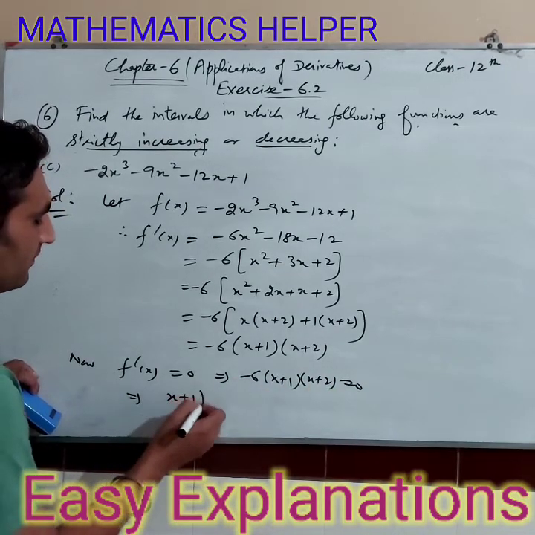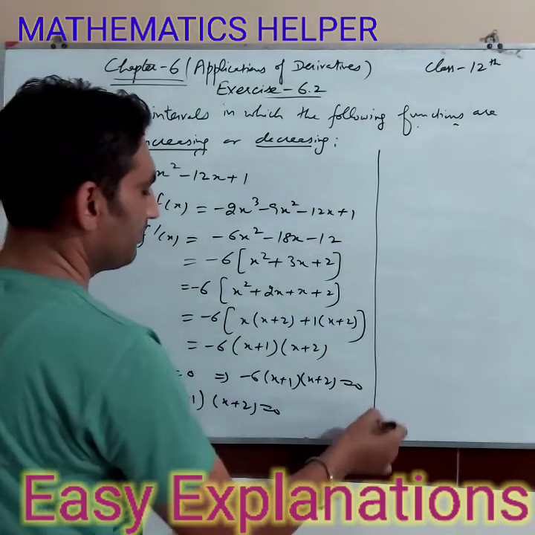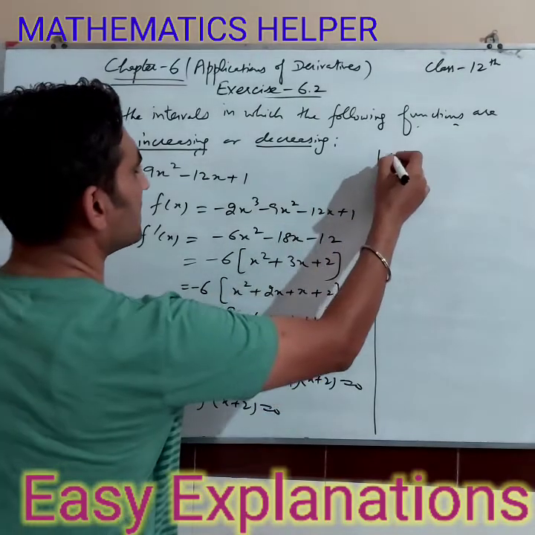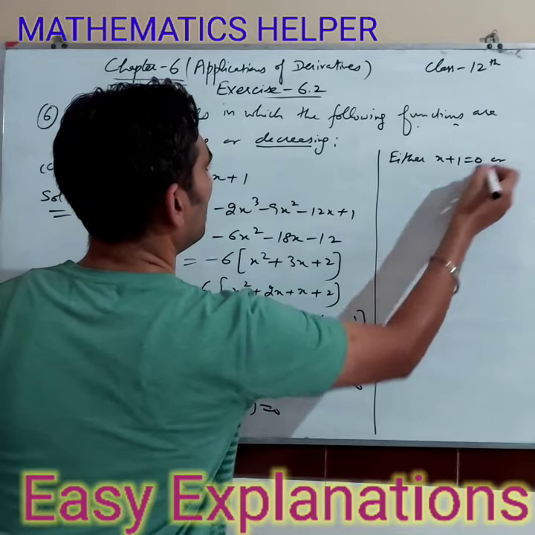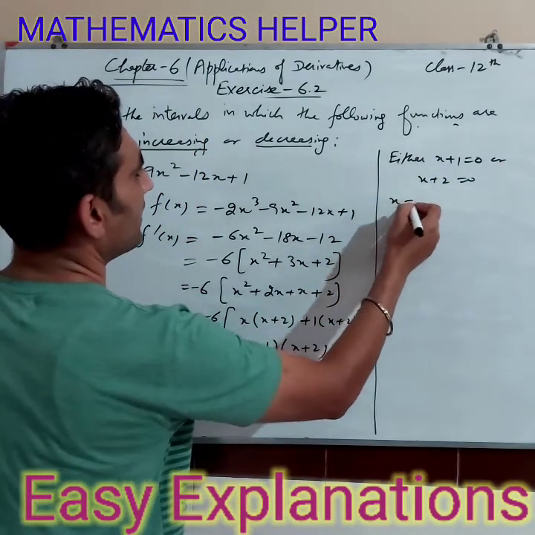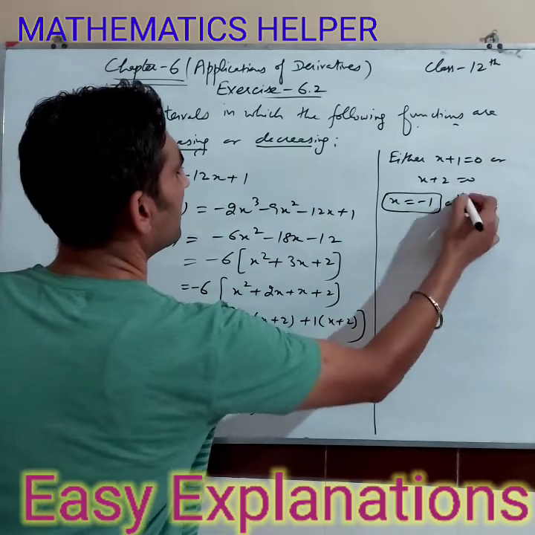So x plus 1 into x plus 2 equal to 0. Their product is 0, it means either the first factor is 0 or the second factor is 0, which will give us two answers: x equals minus 1 or x equals minus 2.